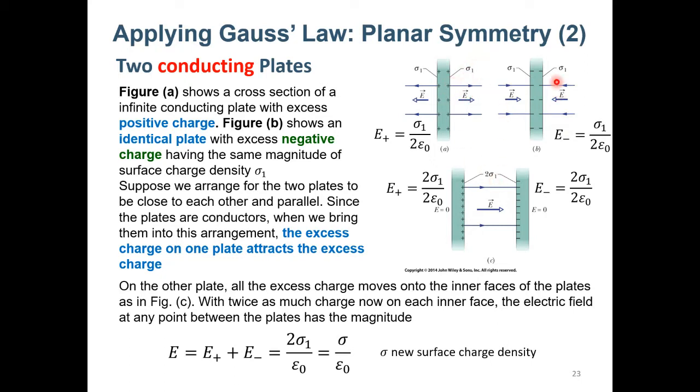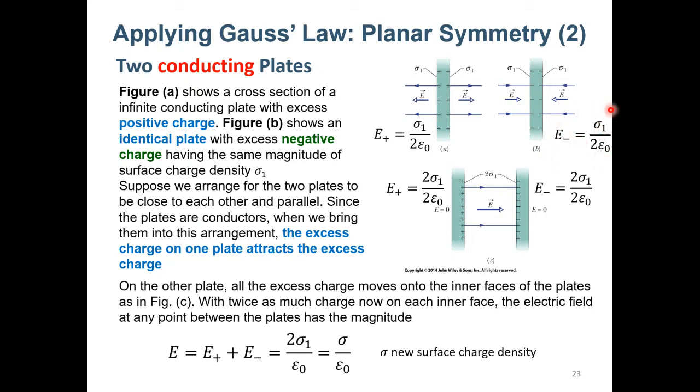And we assume that this plane has a negative charge. The charge density is actually the same as this one, but they have opposite sign. So the E field generated by this conducting plate would be E minus.